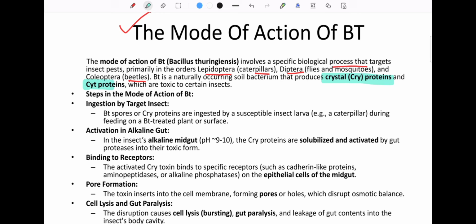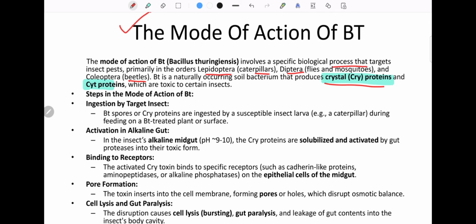Bacillus thuringiensis forms protein crystals during a particular phase of its growth, and these crystals contain toxic insecticidal proteins, that is the Cry proteins.